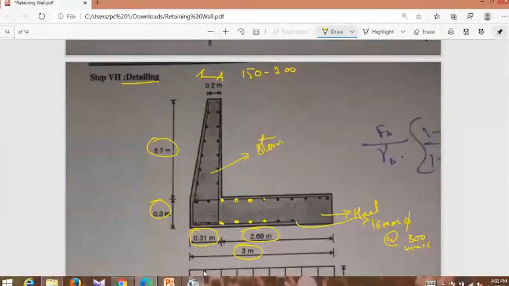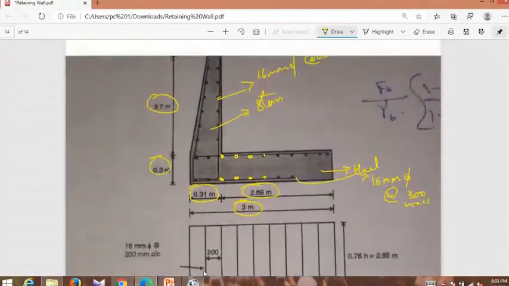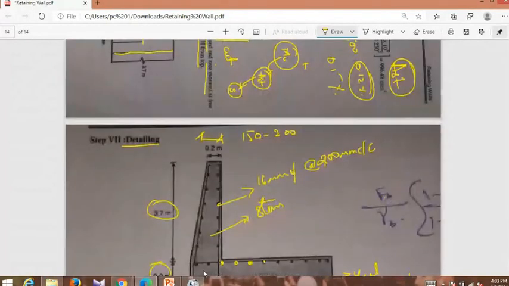Whatever type of bars you have provided, just show it here, whether it is 200 or 400. Like this you have to represent it. This is how we will design an L-shaped retaining wall. I will explain once more just for your revision.